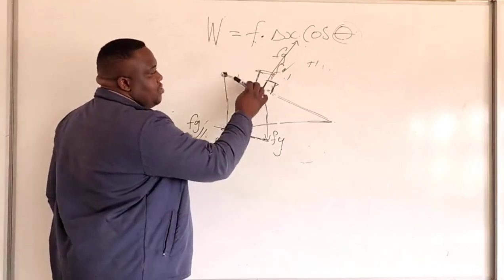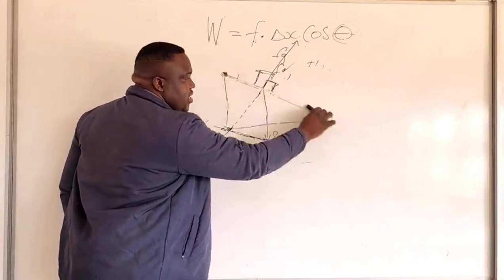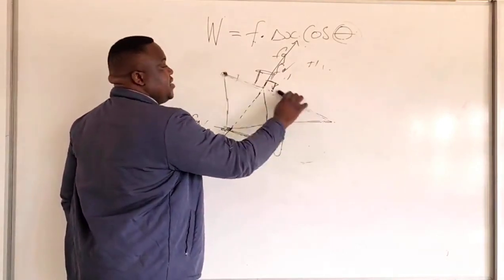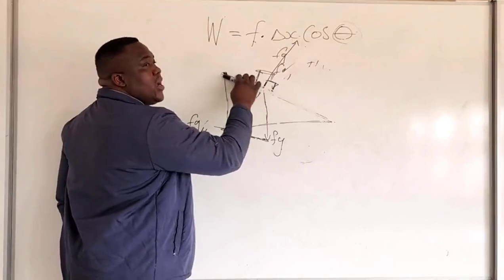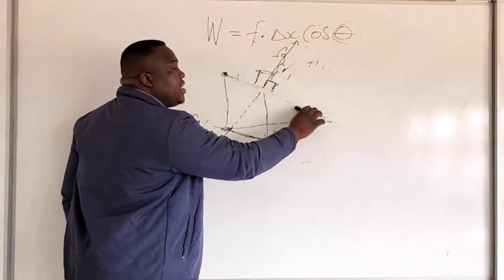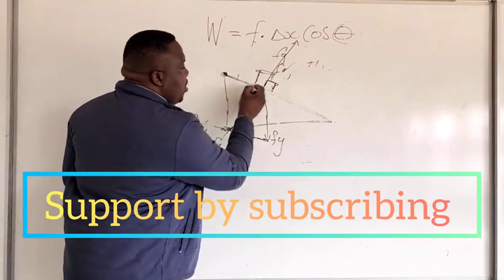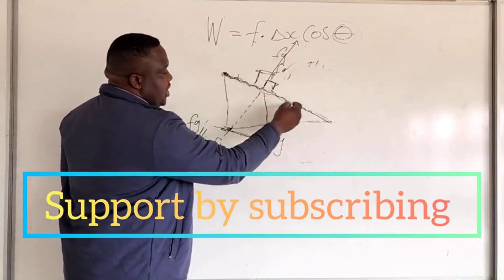When an object is displaced here, it is moving on this surface. It means when we say calculate work done by the gravitational force, you are calculating work done by the gravitational force parallel component, because the object is moving on this surface.